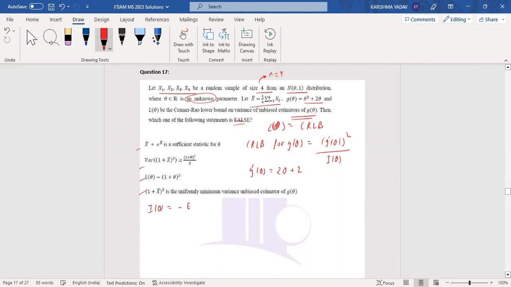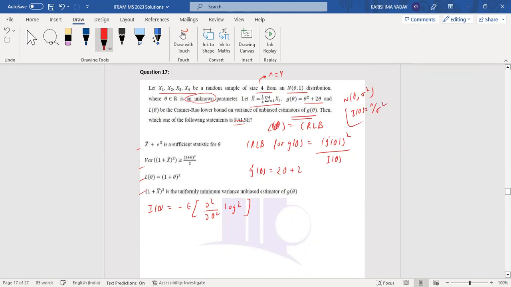We will apply this one: minus expectation of del square by del theta square of log L. I(theta) for the normal distribution (theta, sigma square) is basically n by sigma square.